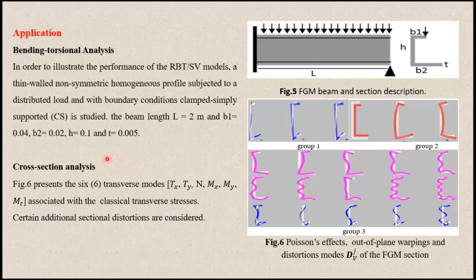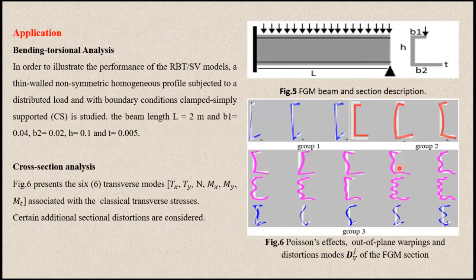Next, we have an example for bending-torsional analysis. A thin-walled, non-symmetric, homogeneous profile subjected to a distributed load, with boundary conditions clamped and simply supported, is studied. The results of cross-section deformation are shown in figure 6.